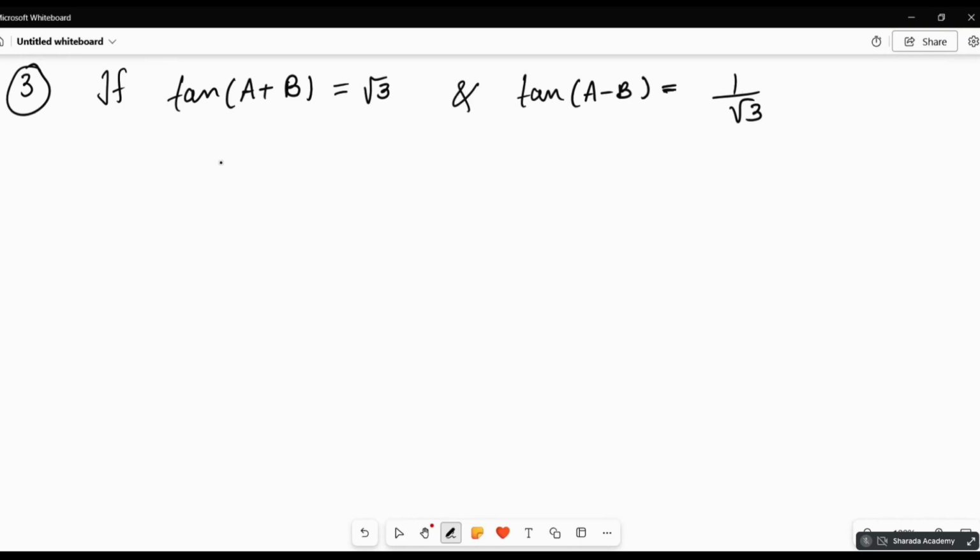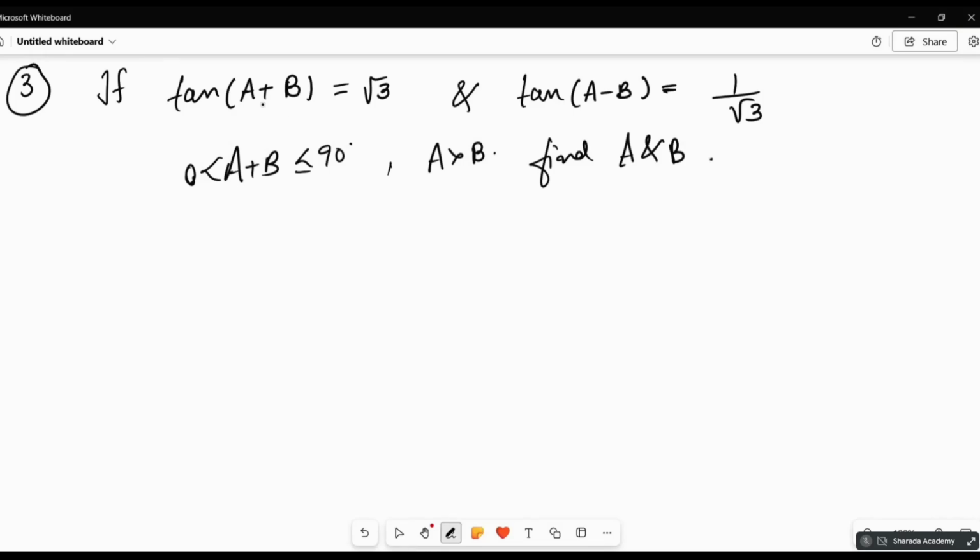Now, they have given A plus B angle is more than 0 degree and less than or equal to 90 degree. In this range, A plus B value will come. And A is greater than B. Find A and B. This is the question they have given. So A and B are the angles. Together, it is in the range of 0 to 90 degree. You have to find what is A angle and what is B angle.